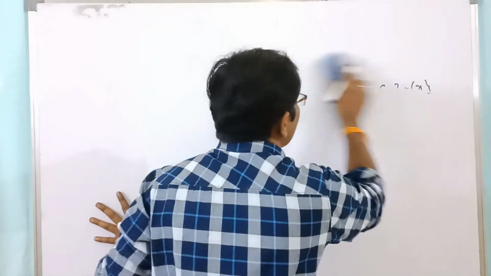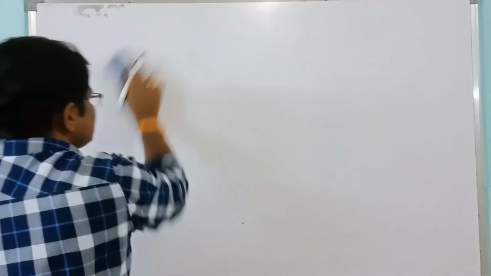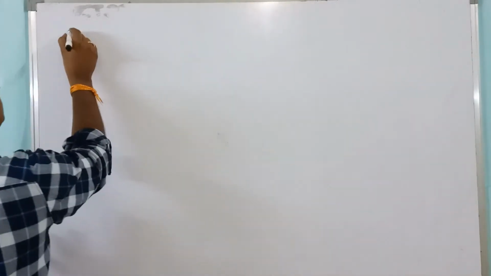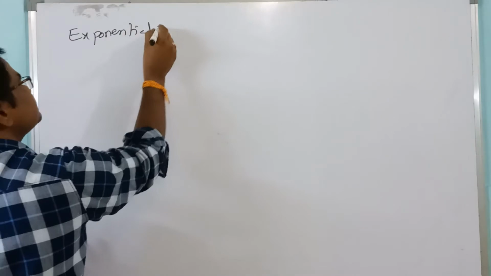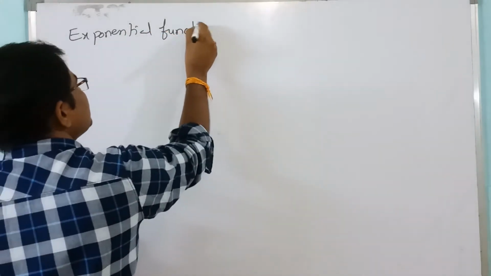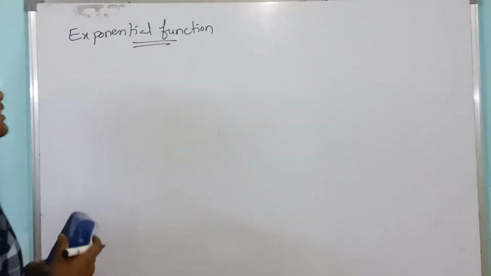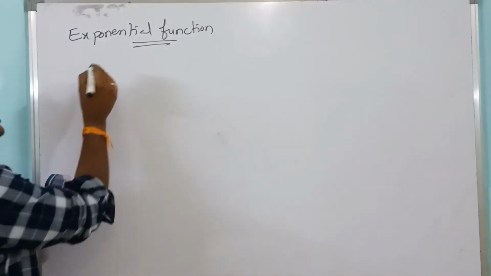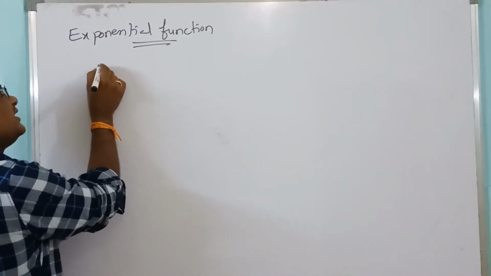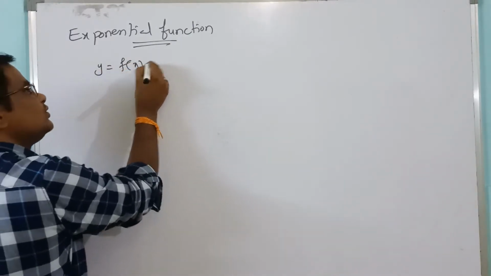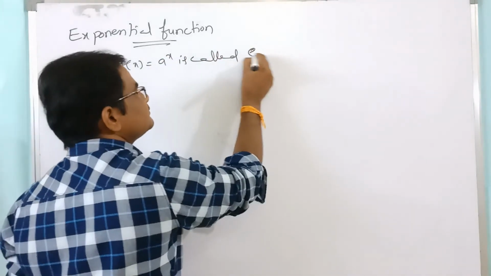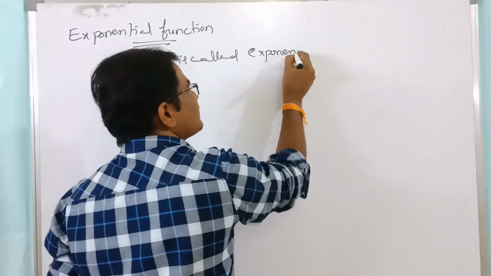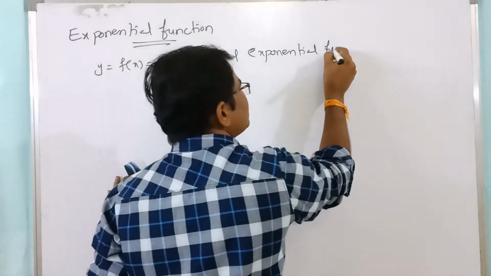Next come to exponential function. This is also an important function. Exponential function. A function which is in the form of y equal to f of x equal to a power x is called exponential function.